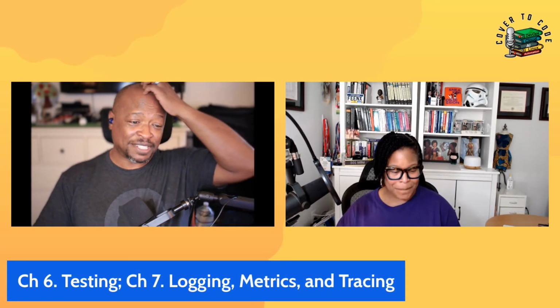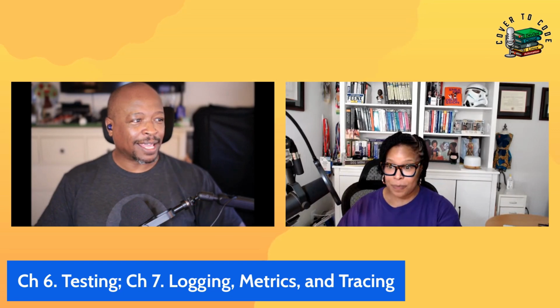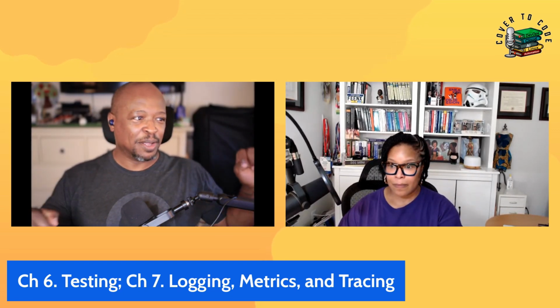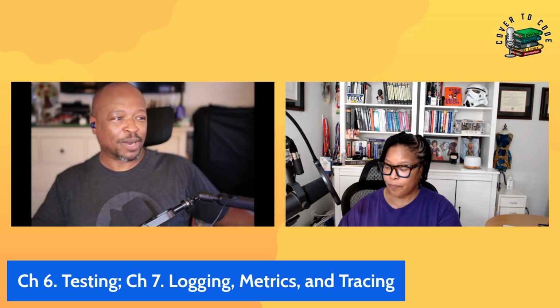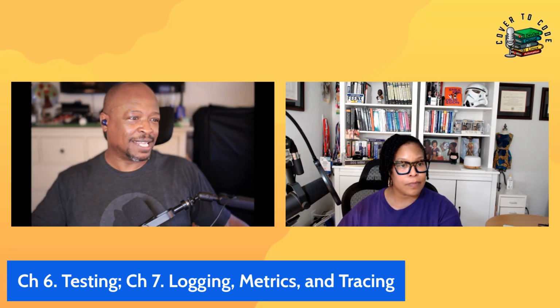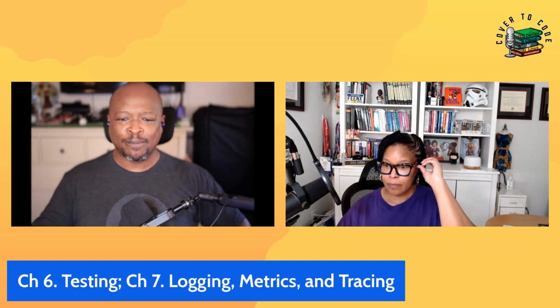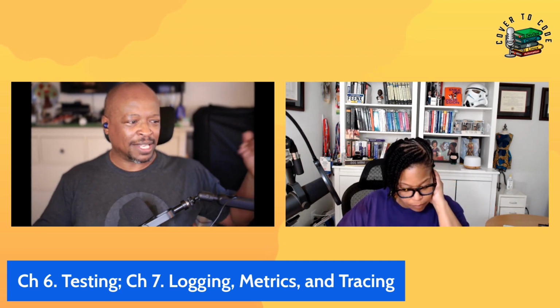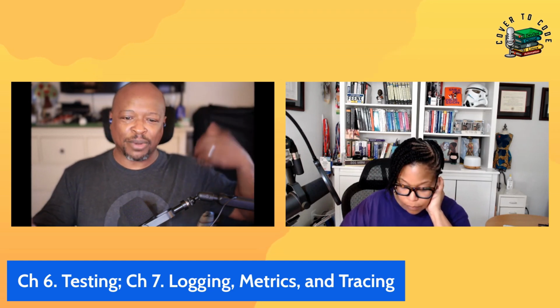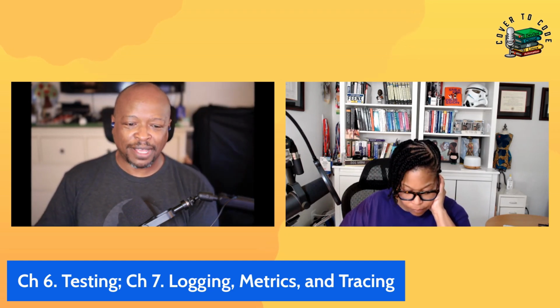Chapter 6, testing. We can jump right in. I thought it was kind of interesting that he led with what he called the test pyramid, referencing, and I'm reading directly from the book here, the 2009 book Succeeding with Agile by Mike Cohn. They talked about this test pyramid and the types of tests that we can bring into our software development.